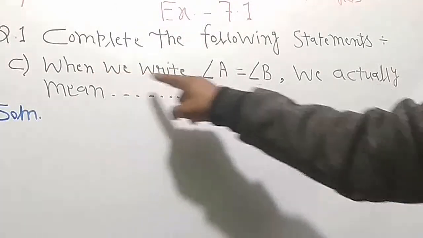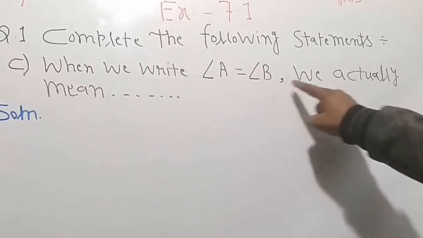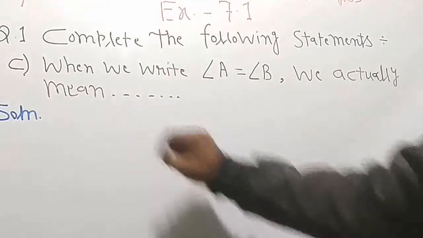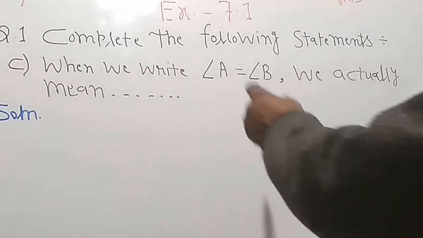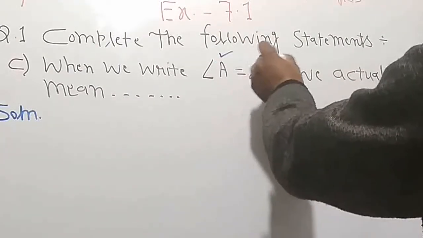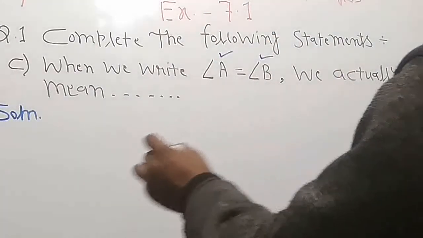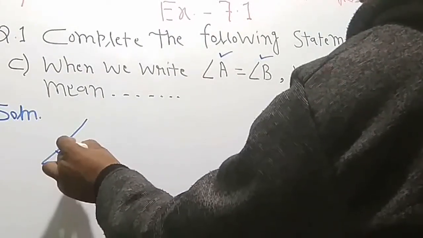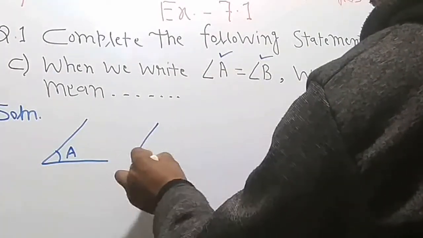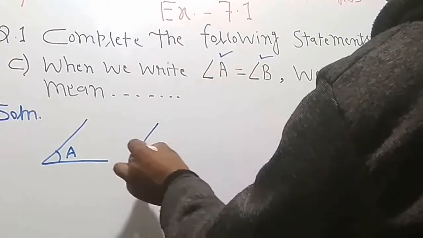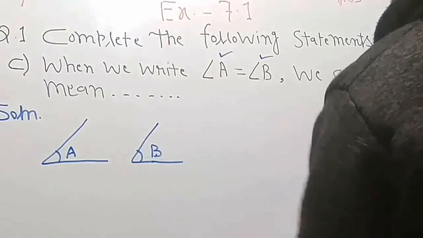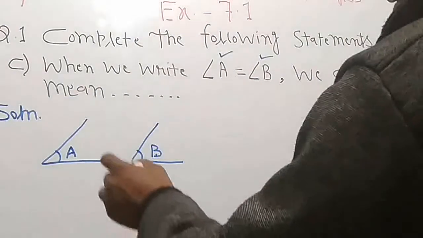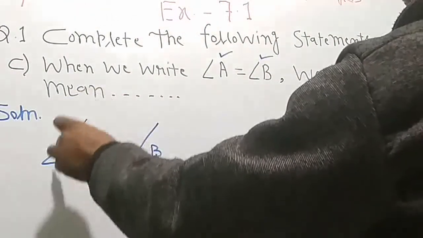Now the part C, when we write angle A equal to angle B, we actually mean, here two angles are given, angle A and angle B. Suppose this is our angle A and this is our angle B. So here we are talking about their measurements.